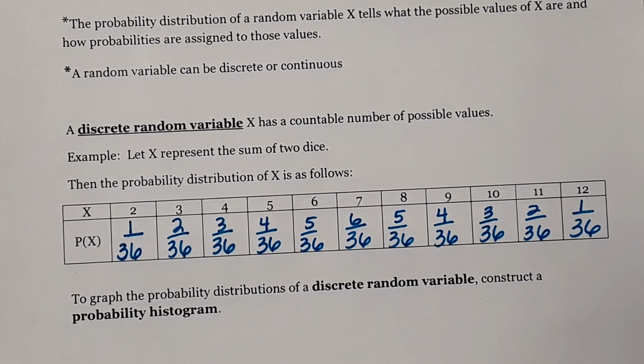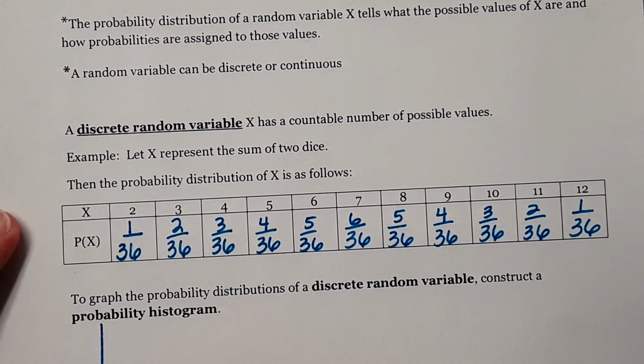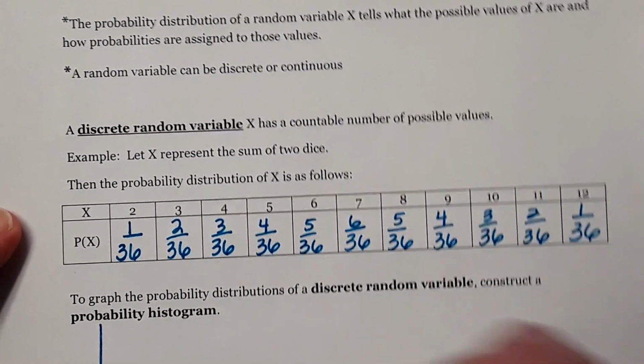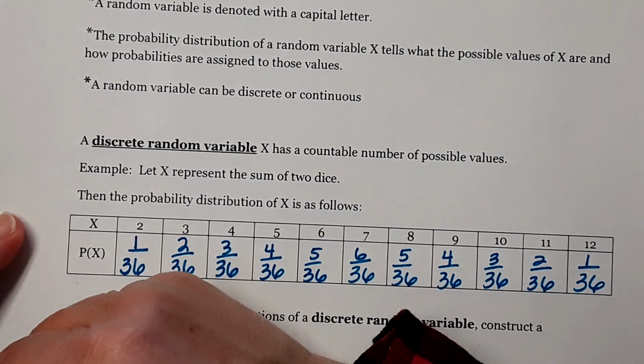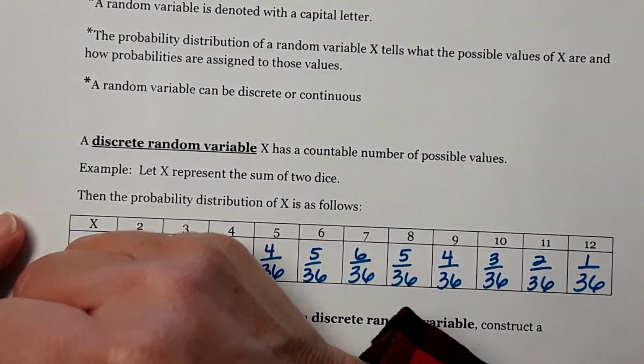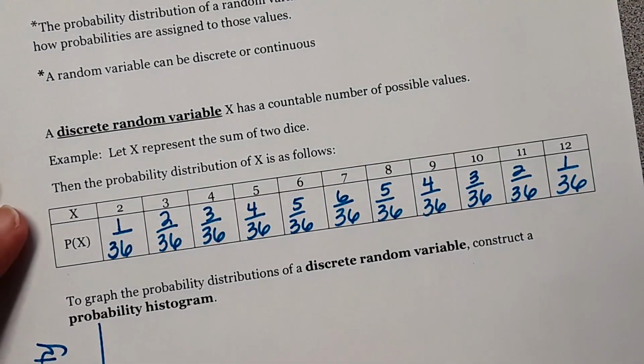Okay, so now what we're going to do is a probability histogram. That's exactly what it sounds like, you guys. You're going to put your probabilities on one side, and you're going to put your outcomes on the end. So the probability, and then your outcomes.